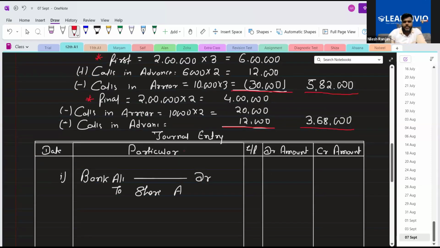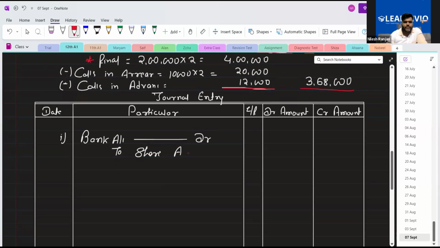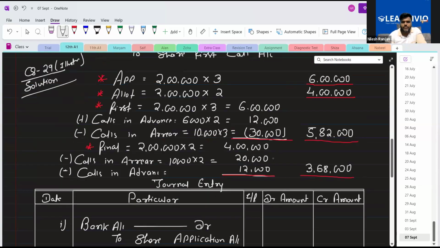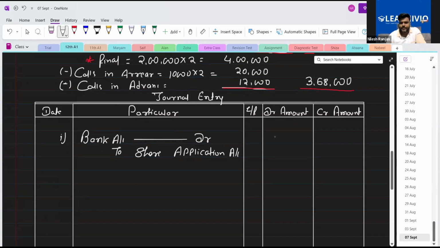Okay, now we will start the journal. So the first entry is bank account debit to share application account. The amount is 6 lakh.